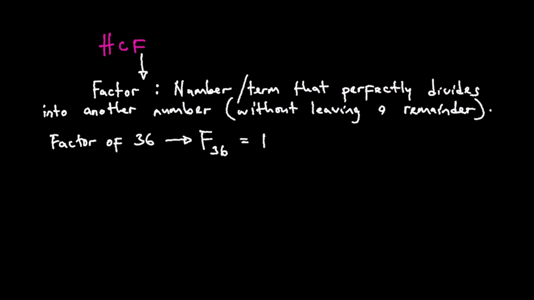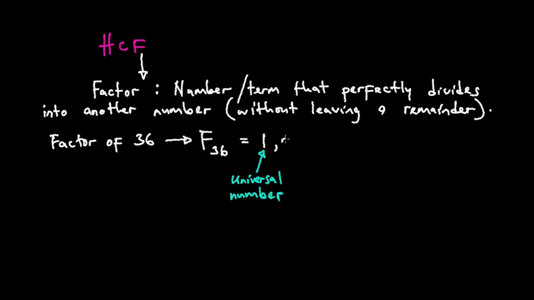Why is 1 a universal factor? Because 1 is a factor of every natural number. There is no number that 1 does not go into. Do you see? Like this. Universal factor.